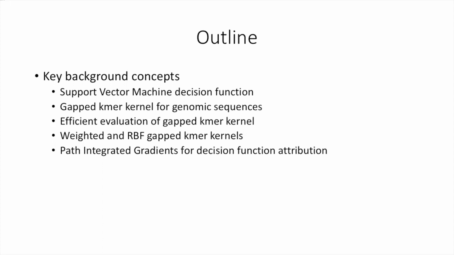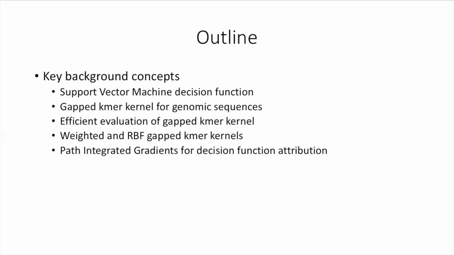The classifier we have in mind here is support vector machines, or SVMs, and in this video, I'll assume a basic familiarity with machine learning concepts, specifically SVMs, and also familiarity with basic genomics concepts, like sequences, transcription factors, and binding motifs. So first, I'll talk about the SVM decision function, because it is the value of the decision function that we're really interested in attributing to the individual base pairs of an input sequence.